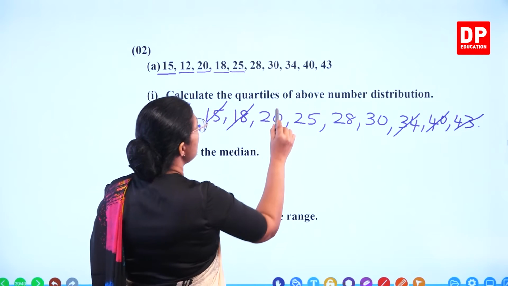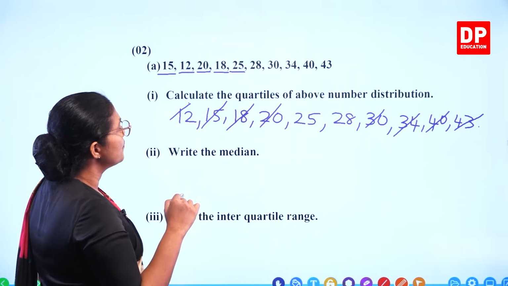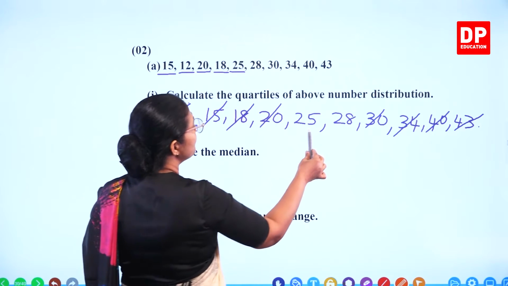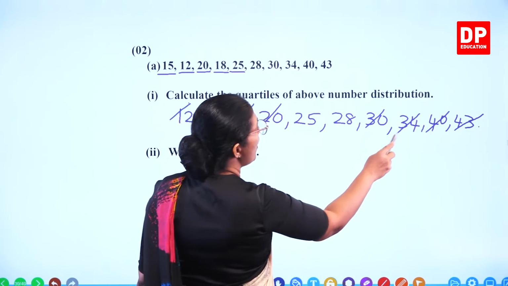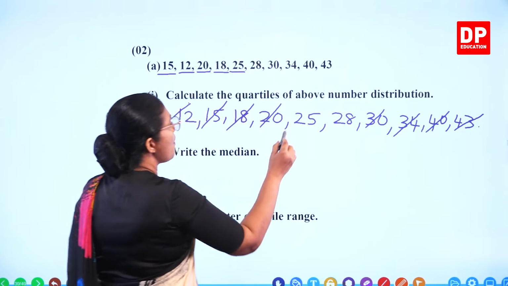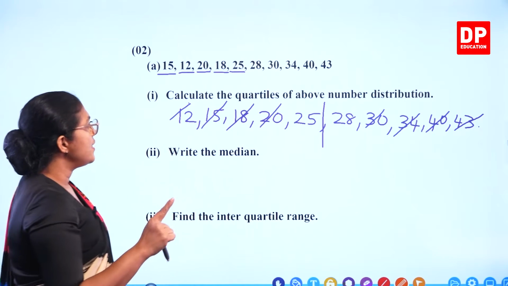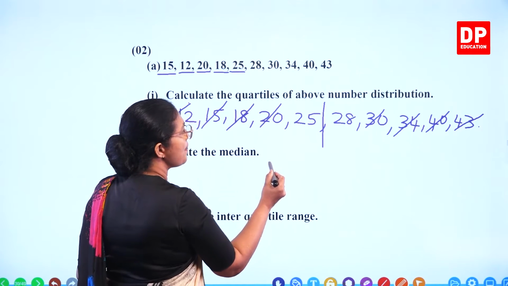So what is the middle value? The middle value is here: 1, 2, 3, 4, and 1, 2, 3, 4. So the middle of these two. You add and divide by 2 to get the median.